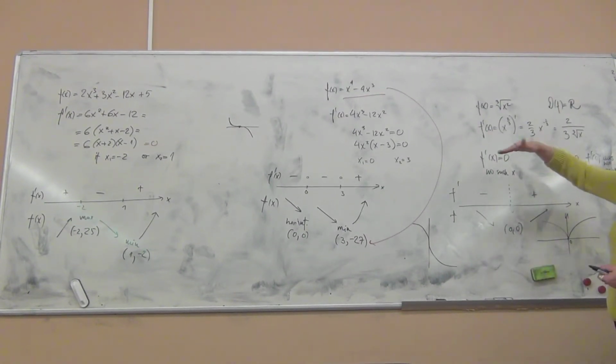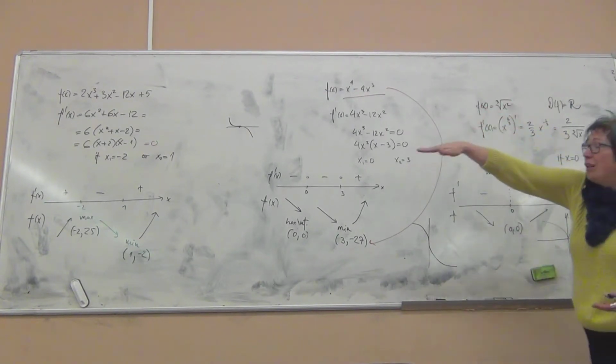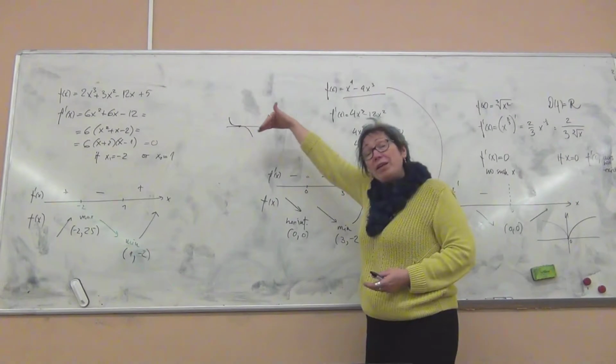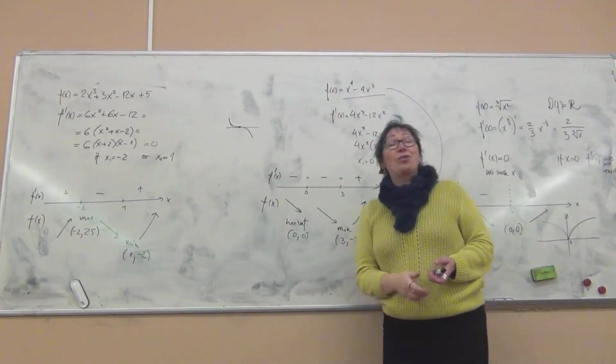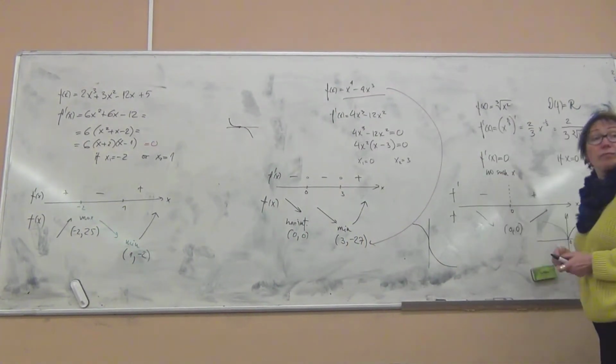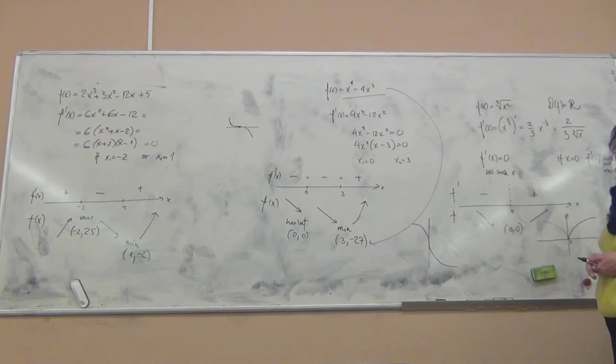Stationary means stand still. Stand still means neither increasing nor decreasing. So that means the tangent is horizontal. So we can call it an inflection point, yes, but it's not a minimum nor maximum. And obviously, now you can imagine what we are going to do tomorrow.